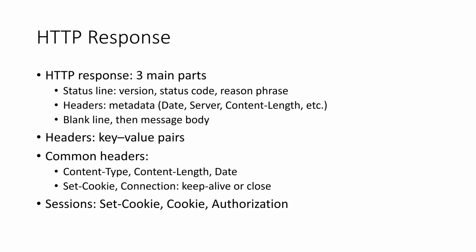Next are the response headers, which are key value pairs that carry useful information. Things like the current date, server type, content length, and what type of data is being returned, for instance, HTML, JSON, or an image. And headers like connection, keep alive or close, decide if the connection stays open after a response or it closes after a response.